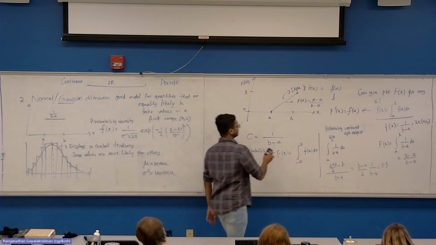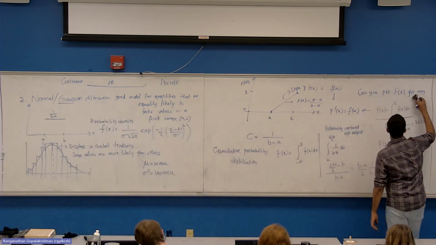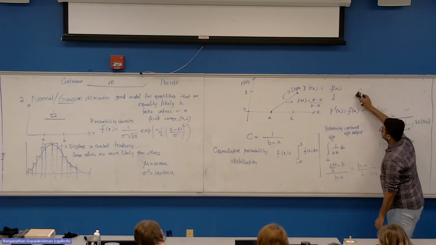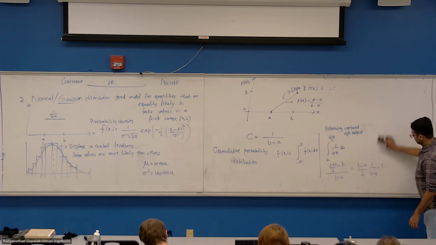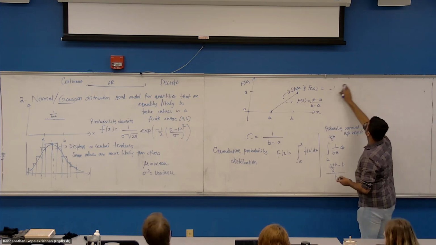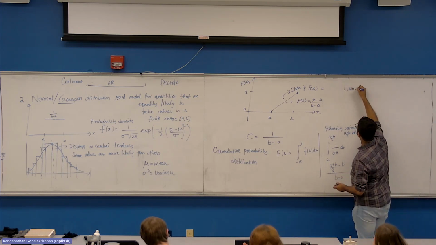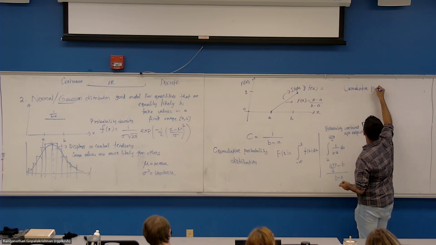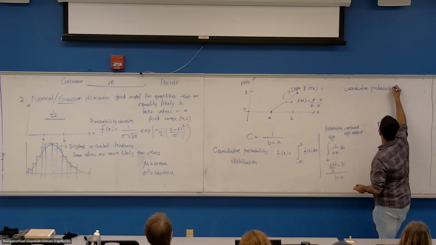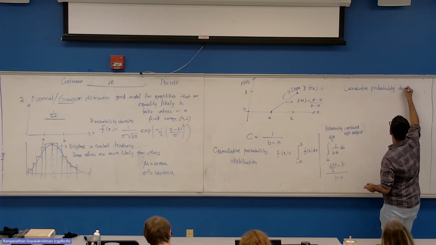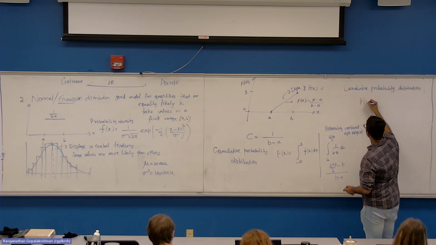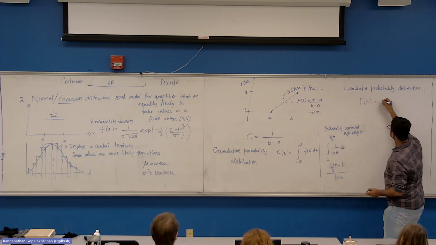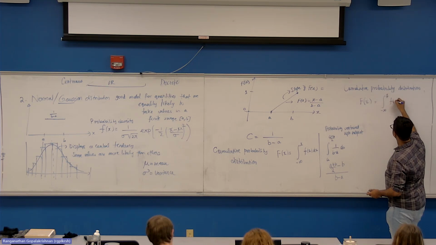And can you plot the F of x, which is the cumulative probability distribution? So the cumulative probability distribution, we'll call it F of x uppercase, is the integral from minus infinity to x of f of x dx.